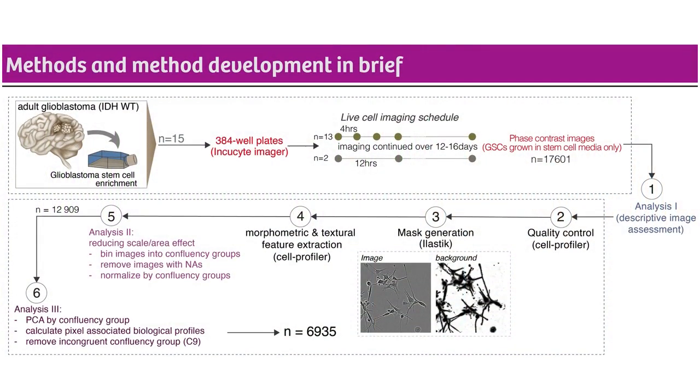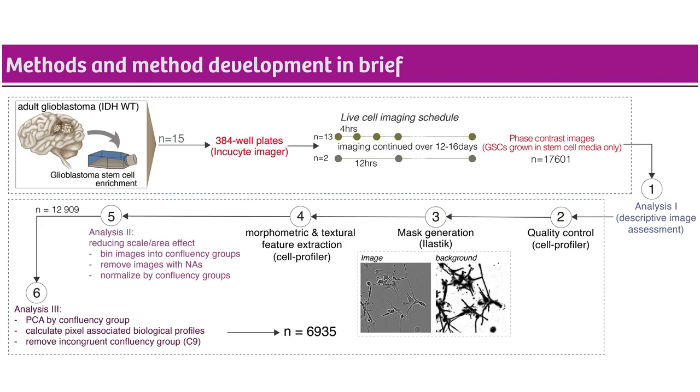In order to test this concept, the first thing we needed was a large imaging data set. I was lucky enough to have collaborators who had done this imaging study previously, where they imaged glioma stem cells from patient-derived tumors over time.